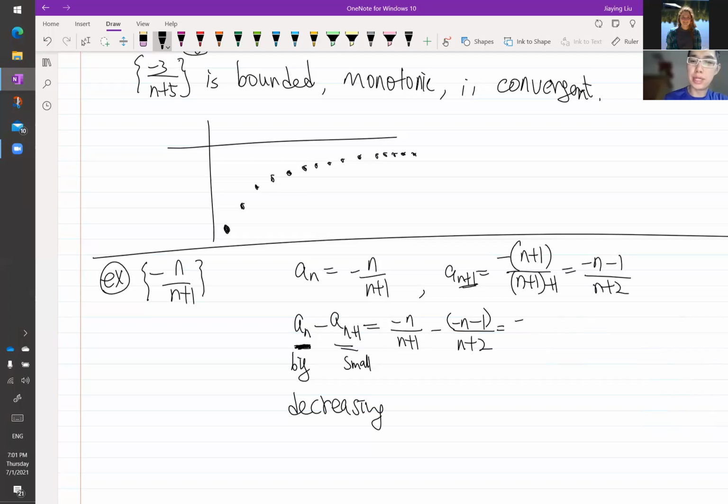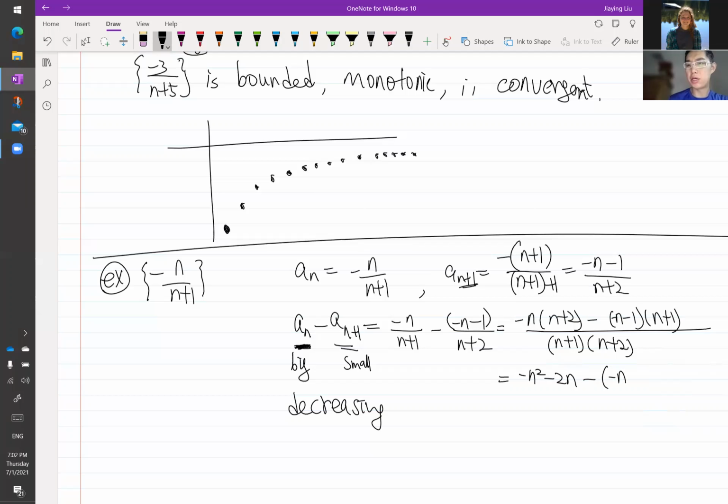So I'm going to do negative n times (n plus 2) minus (negative n minus 1) times (n plus 1), divided by the common denominator (n plus 1)(n plus 2). So that will be negative n squared minus 2n, and then be careful here. I'm going to bring a negative and leave it there.